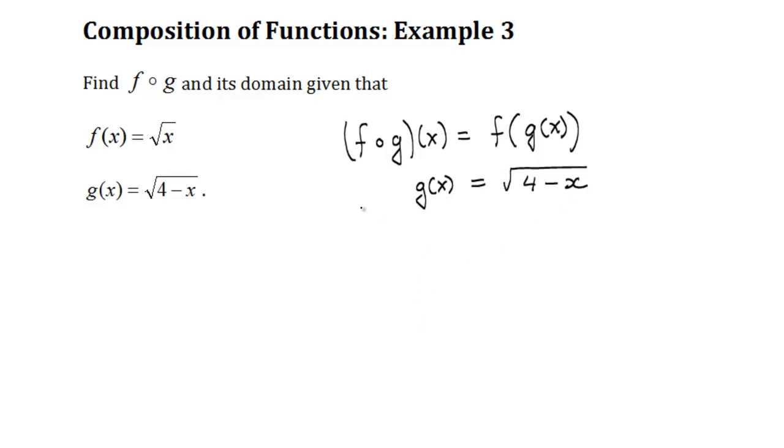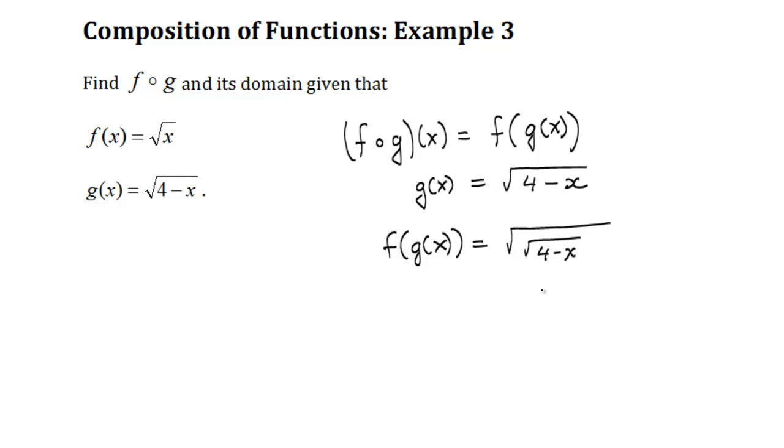Now, we're looking for f as a function of g of x, which means in f, wherever we see x, we have to plug in what g of x is. So f of g of x will equal the square root of the square root of 4 minus x.